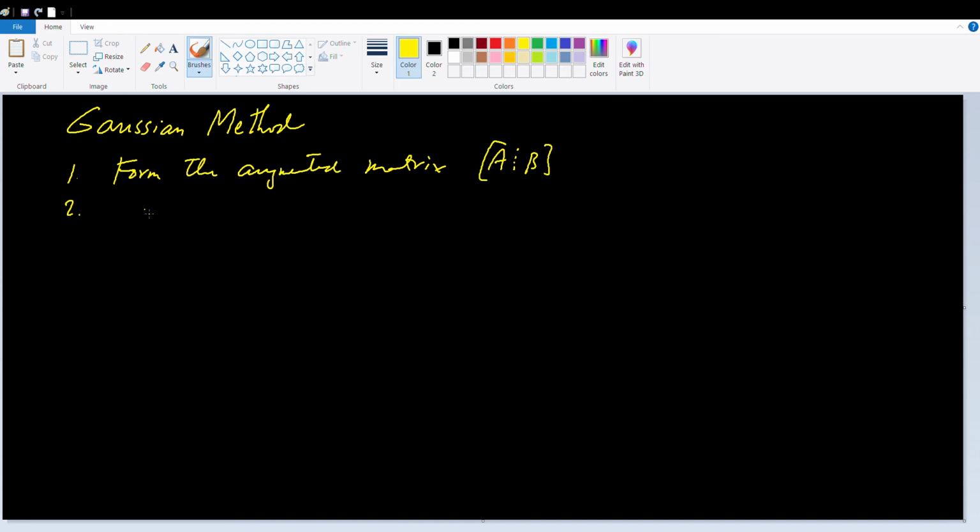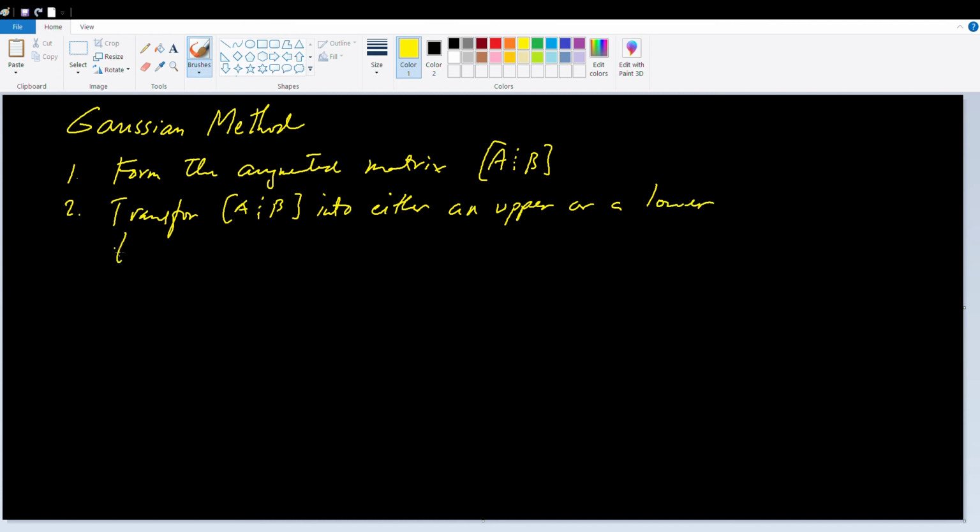Then, transform this augmented matrix B into either an upper or a lower triangular matrix.